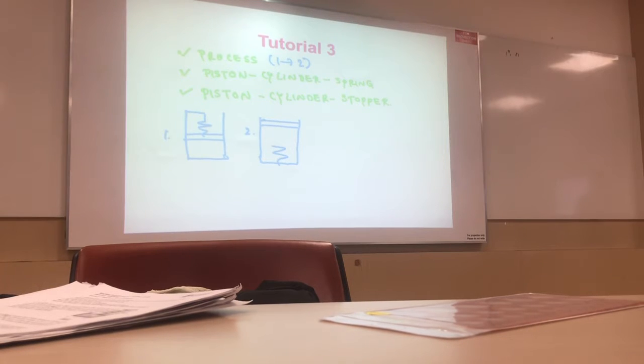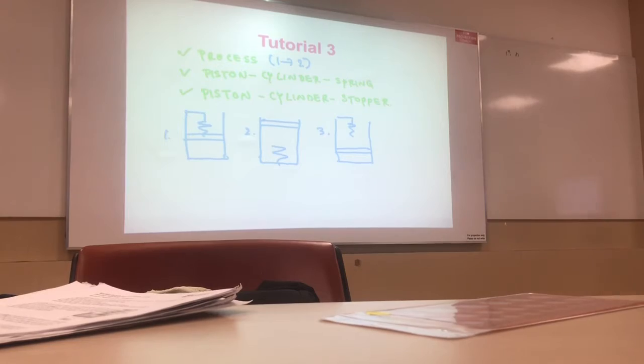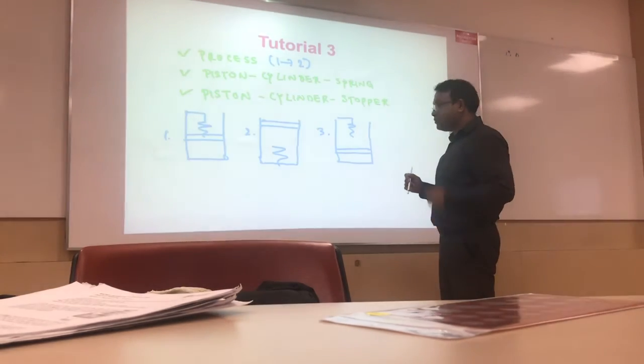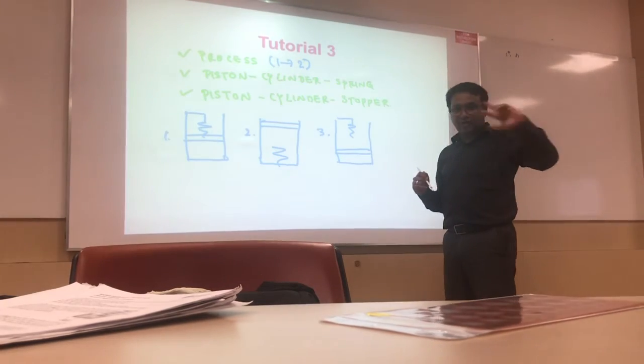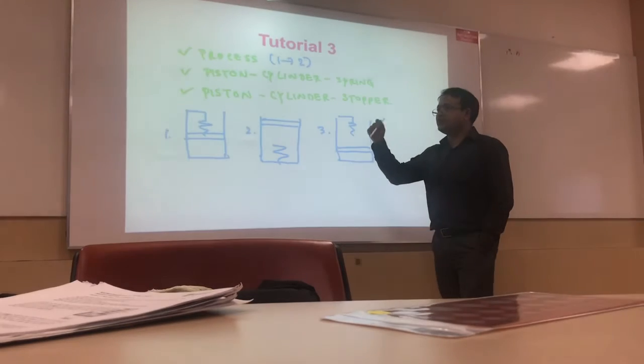I can do like this. It might be number 3. Different configuration, I can put it. If you look at my previous year questions, for the last 5 years, you can see different configuration.